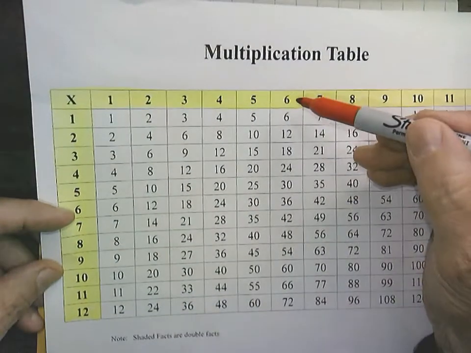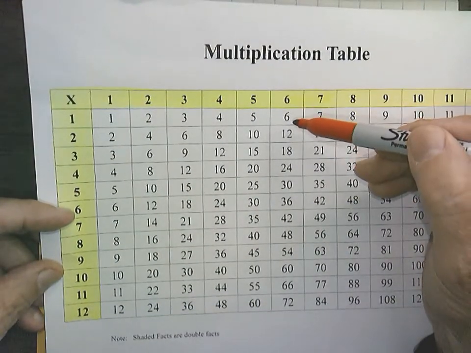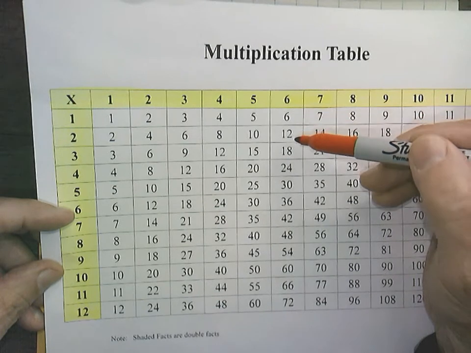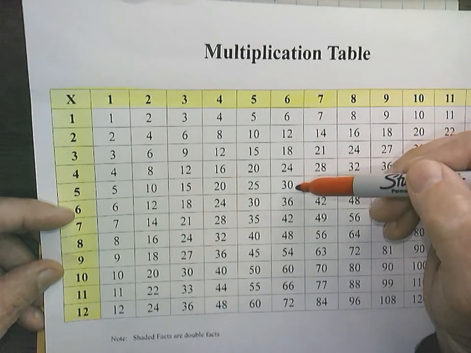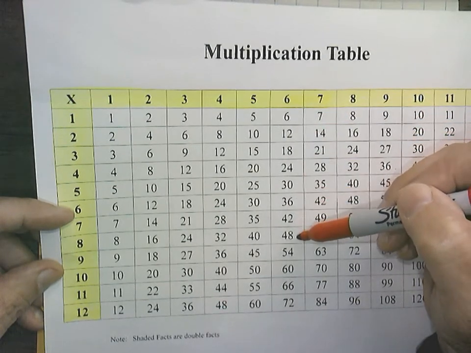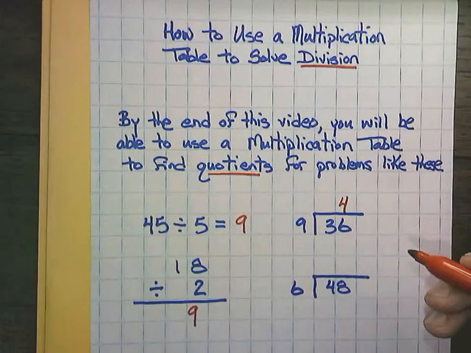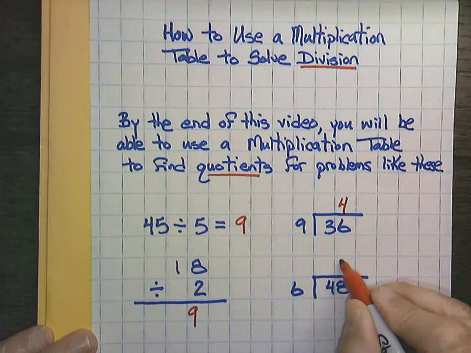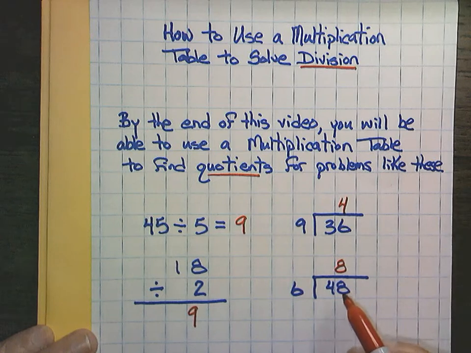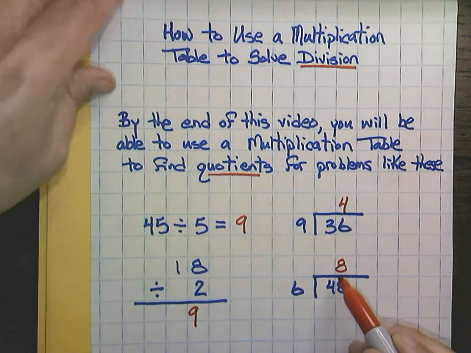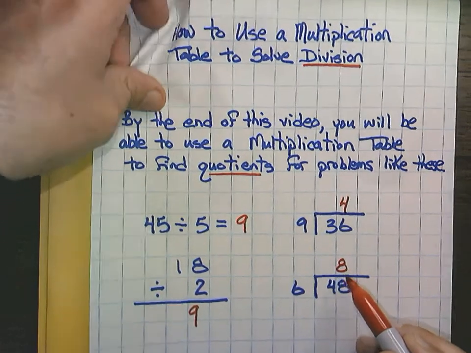I find 6 and I count down to 48. Groups of 6, right? 1, 2, 3, 4, 5, 6, 7, 8. So in other words, 48 divided by 6 equals a quotient of 8.